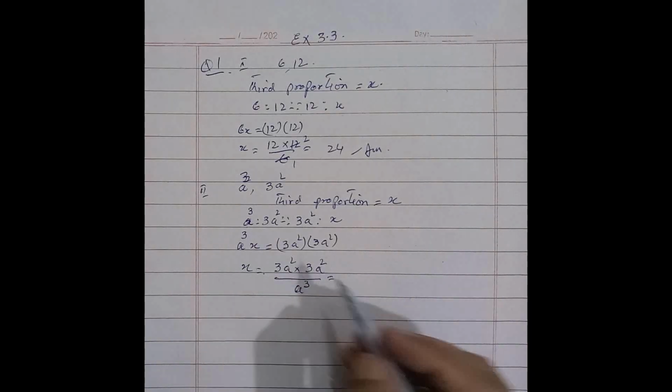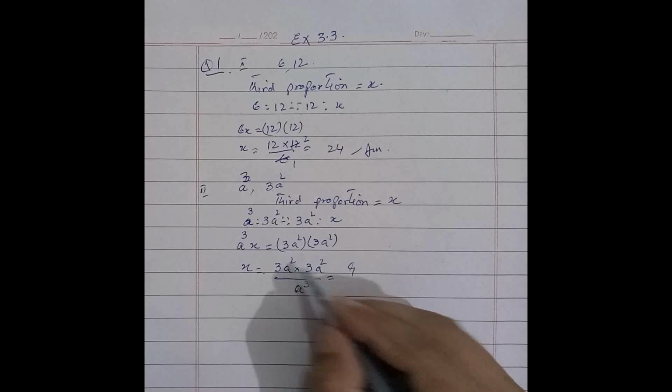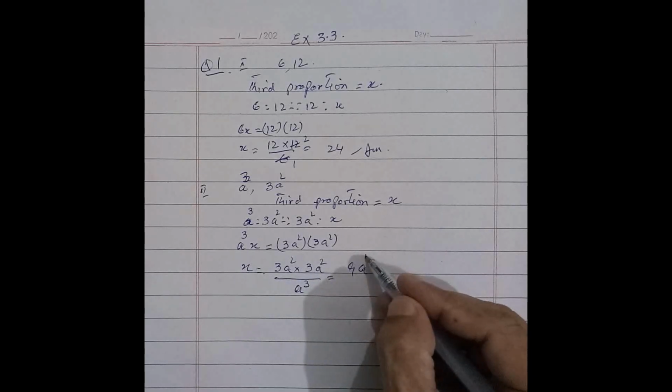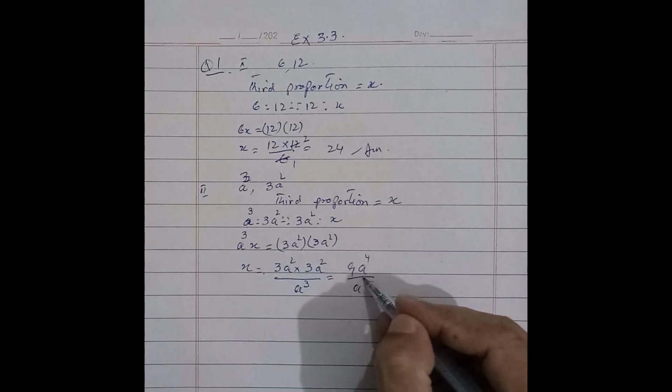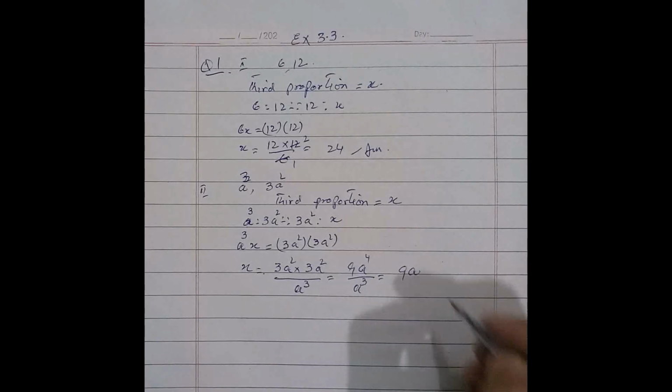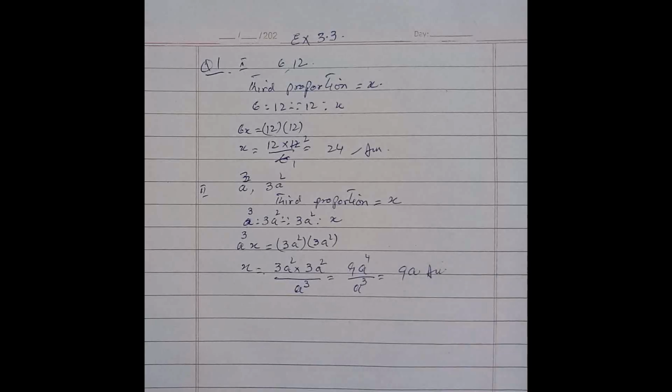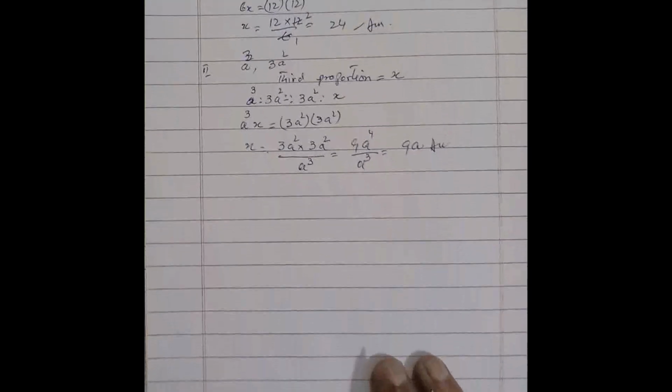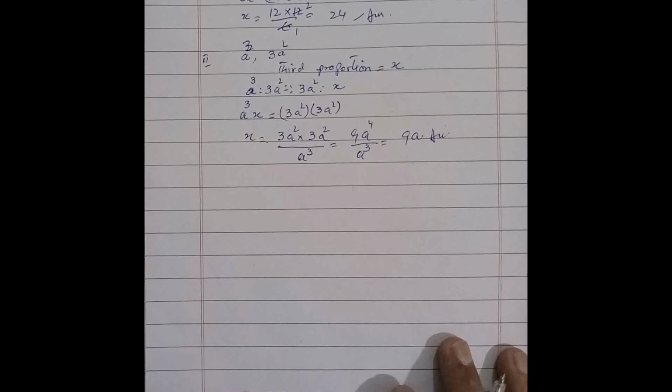We get 3 multiplied by 3 is equal to 9, a^2 into a^2 is a^4, a^4 over a^3, which is equal to 9a. And it is the third proportion of question 1 part 2.